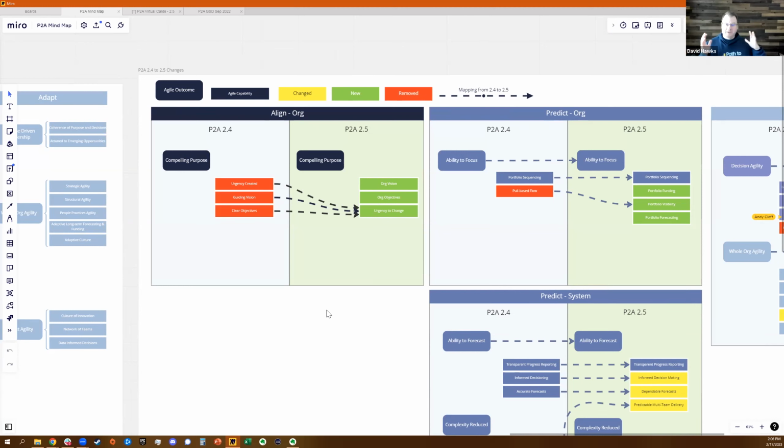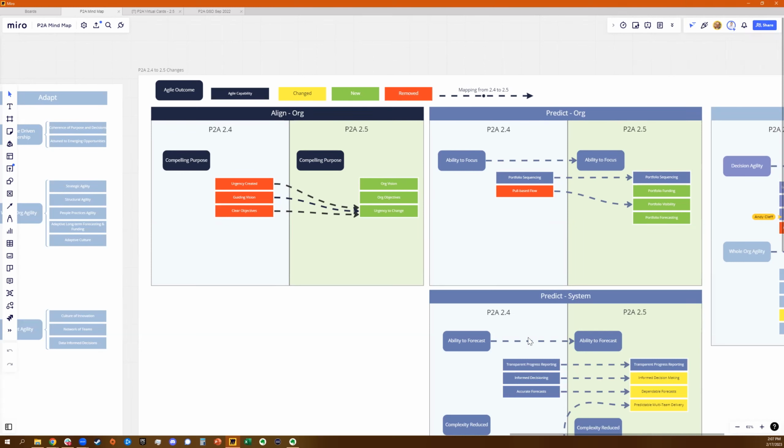There might not even be a clear vision for the organization, or clear objectives for the organization. And that might be in our way, not only for the compelling reason to get better, if we're not even aligned about what we are trying to be, but also it could be in the way of clarity of product vision if we don't even have organizational vision, right? So there are definitely some dependencies out of that.